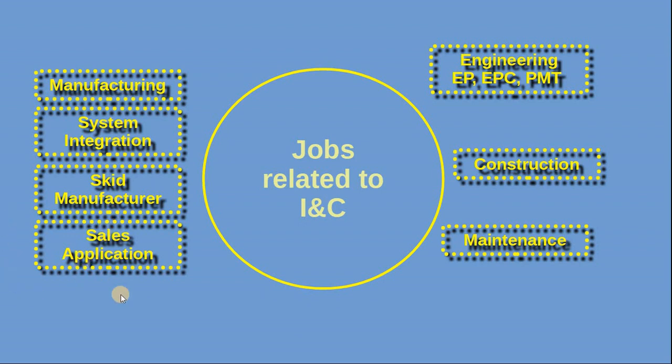So sales and applications engineers, they will serve most of those companies. So you will find somebody in sales for manufacturing and system integrator and a SCADA and so on. Their requirement in the instrumentation control is quite different than the maintenance people or the construction people.